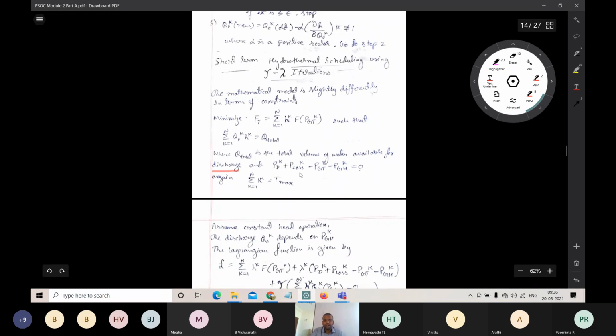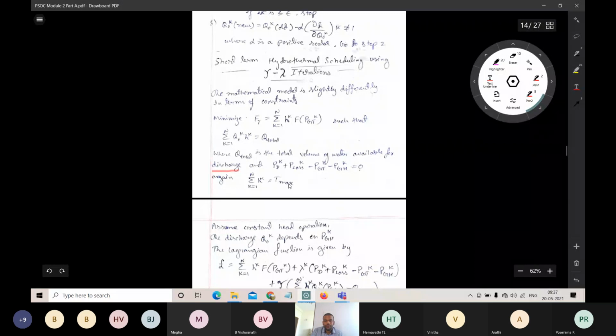And then the losses and the power balance equation: the amount of power generated is equal to the load plus losses. This is one more constraint. Here we need to remember that T max is the total time interval available for the generation of power.